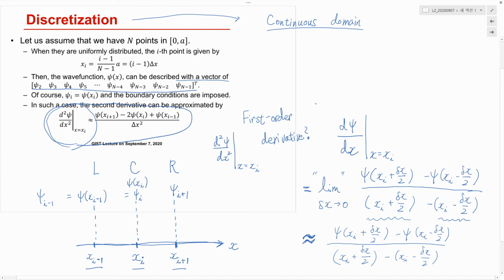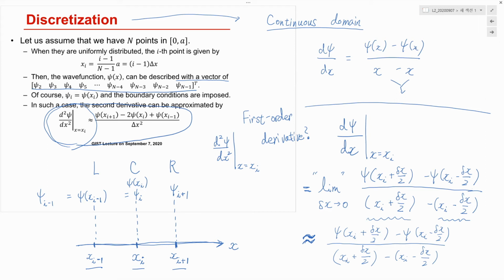The lesson from this simple discussion is that the first order derivative can be approximated by a certain position and another position, which are neighbors, and the values at those neighboring positions. Then please try to find two neighboring positions in this LCR configuration. How can you find your neighboring positions?